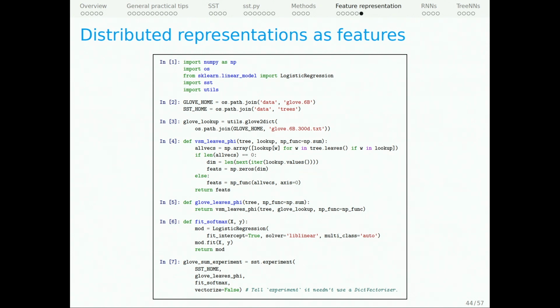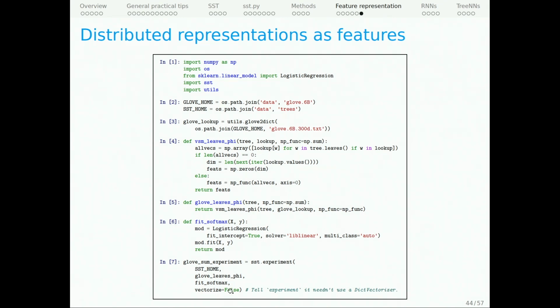The framework can accommodate these representations. I've given you the full recipe here, and most of this is just building up the embedding space, GloVe lookup. I have a general purpose feature function that has too many arguments for the framework, so then I define the special purpose one that builds my GloVe representations. Softmax is as before, no change there.